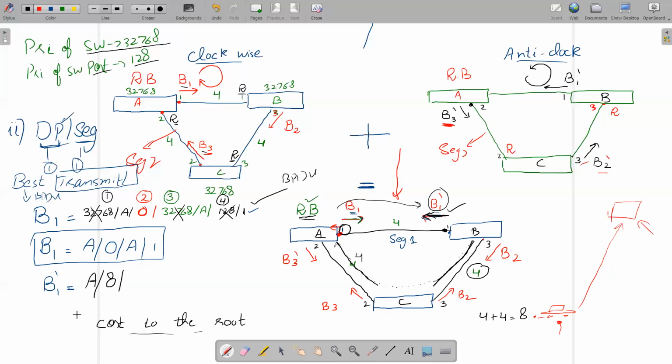And then, guys, what was the third field? What was the third field? Sender ID. Just tell me, who is sending, who is transmitting this BPDU right now? Who is the sender? Who is the sender right now?